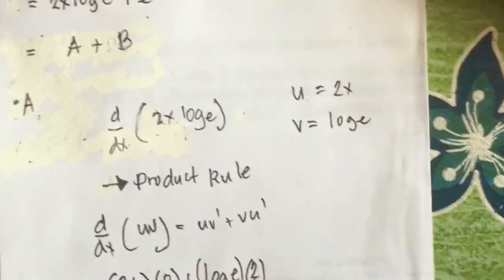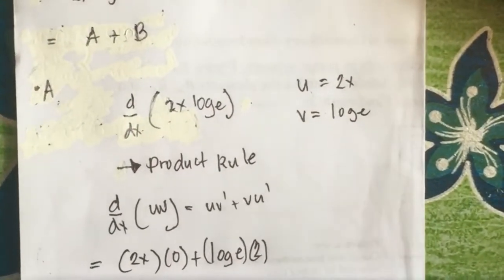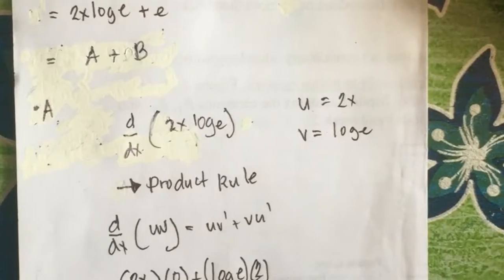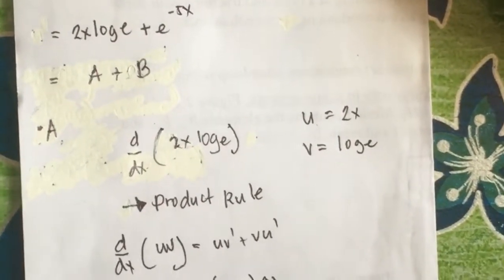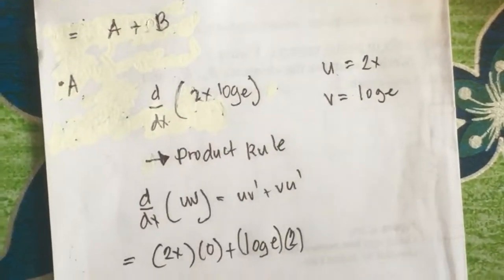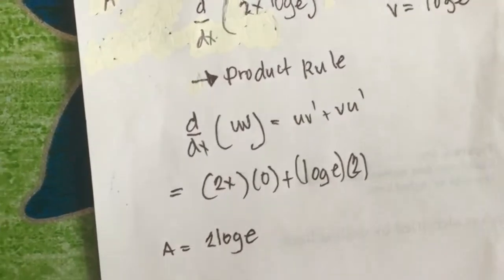Since it has no x, it will become 0, plus v, which is log e, times u prime, which is 2x, but we will differentiate, it will become 2, and then the final answer will be a equals 2 log e. And now we will proceed to the next differentiation.